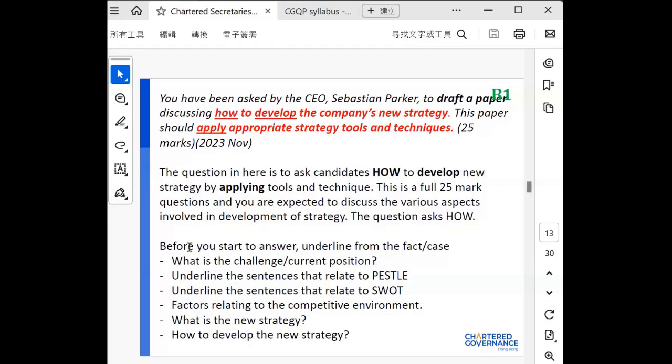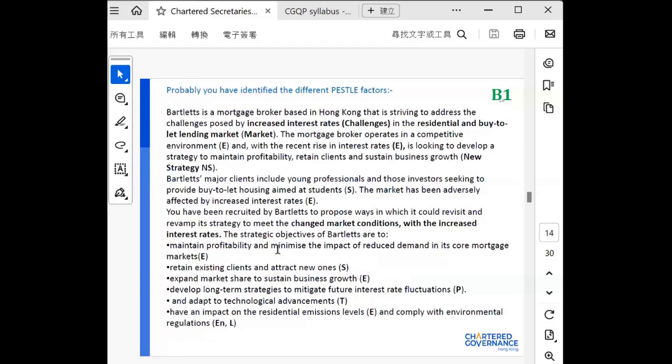So maybe just read through the case again, and I have identified several of these PESTEL factors. Probably you can identify something like that. So this is a mortgage broker.